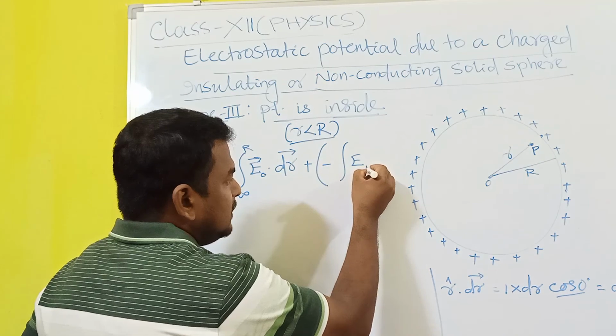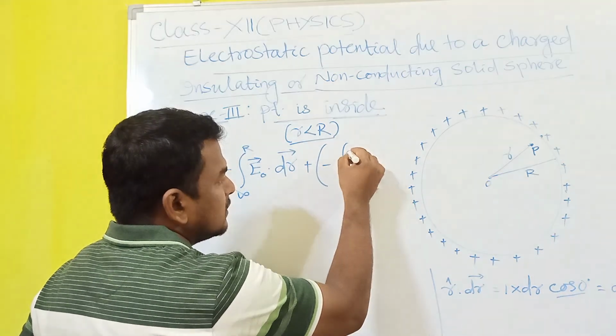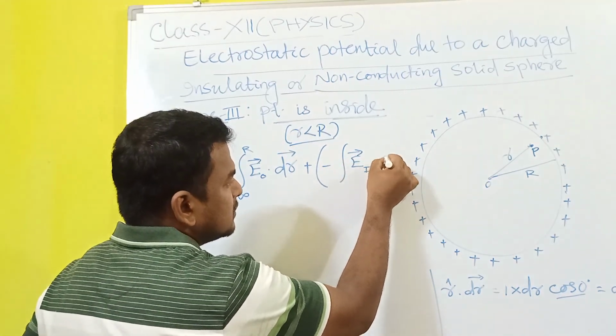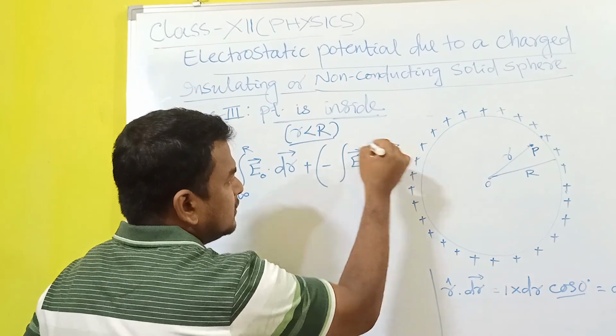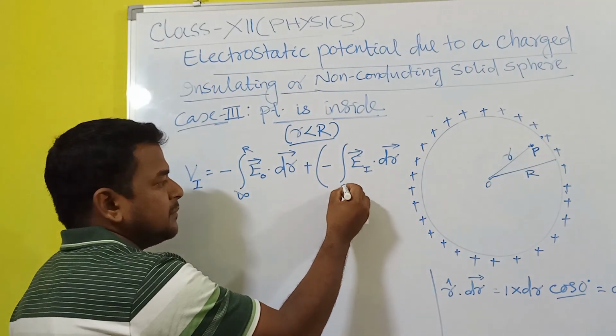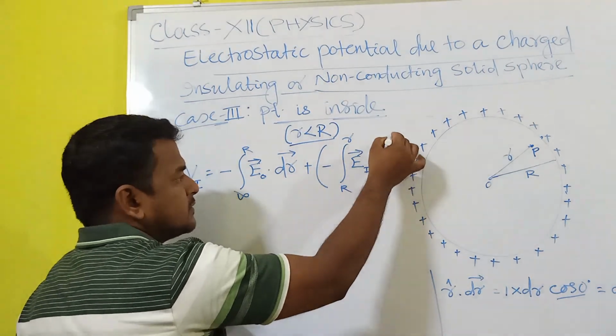It is E inside dot dr vector, limit is from capital R to small r.